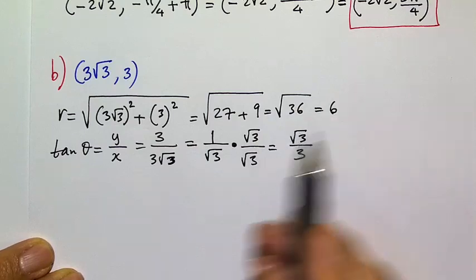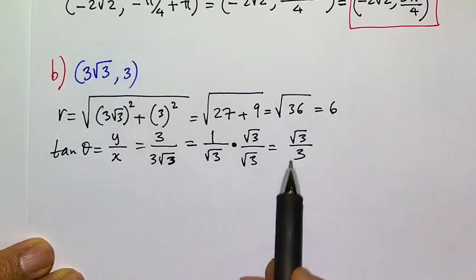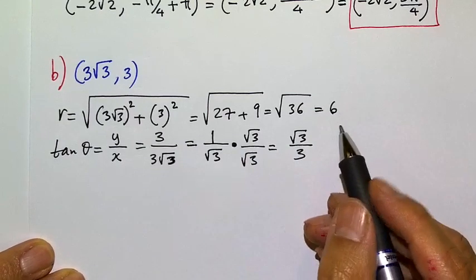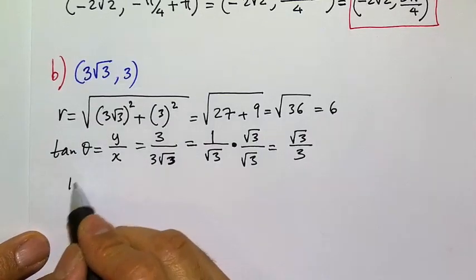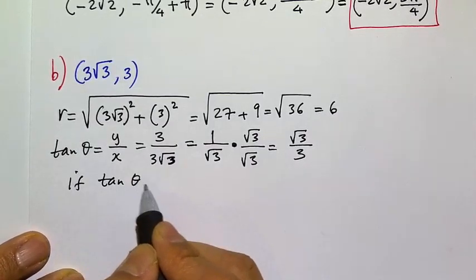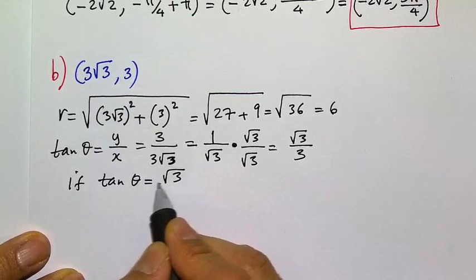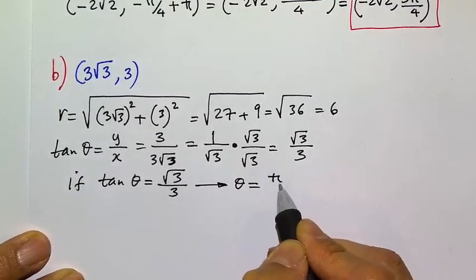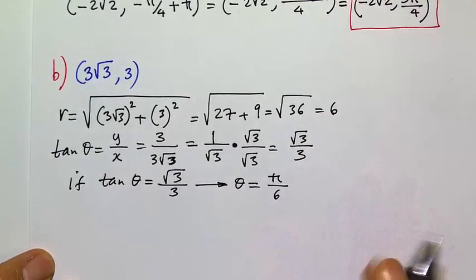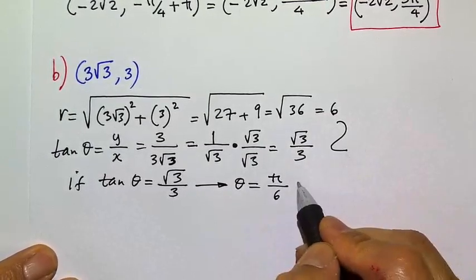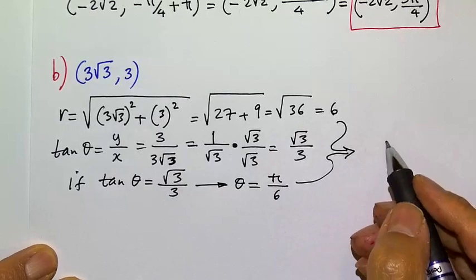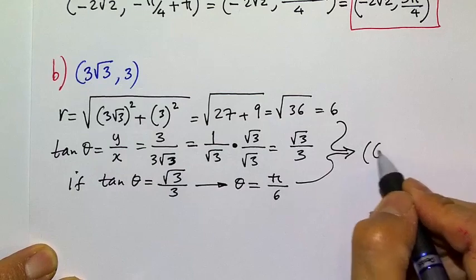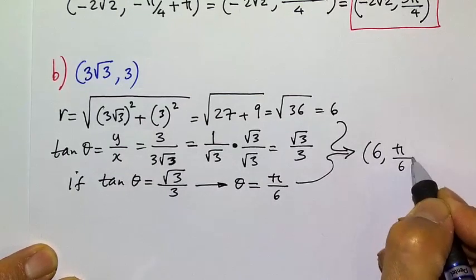If the tangent of theta is equal to square root of 3 over 3, therefore the angle is equal to pi over 6. So we have the r value, we have the angle value, and together they will be the polar coordinates, 6 comma pi over 6.